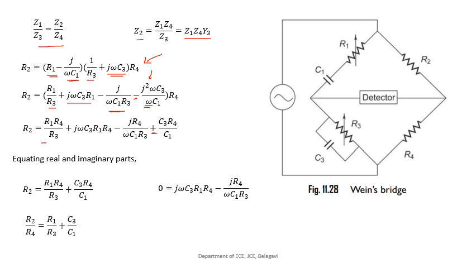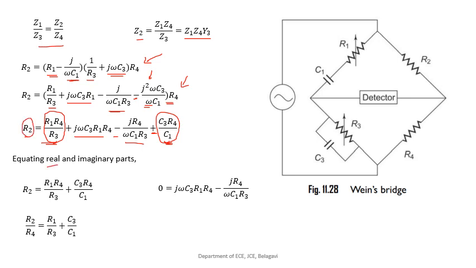Now I have directly written the equation when you multiply everything with R4. You'll get R1 R4 divided by R3, then this term minus this term, plus C3 R4 divided by C1. Here you can see there are two real terms on the right hand side, and on the left hand side you have this one, real.